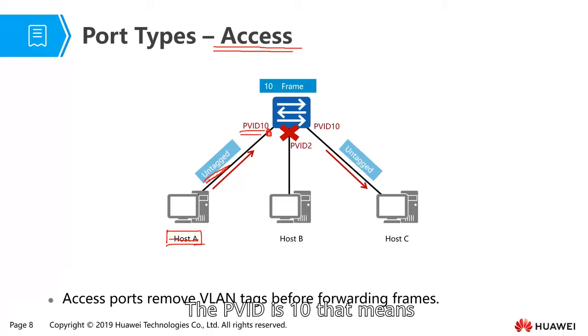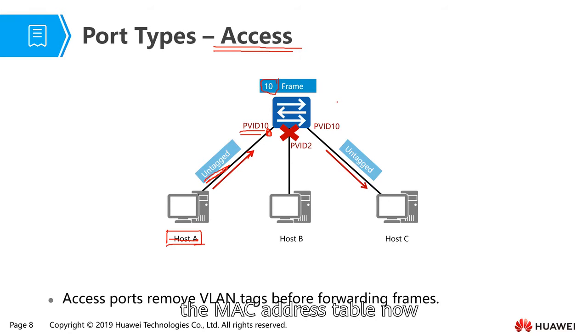The PVID is 10. That means this interface belongs to VLAN 10. Then when this untagged frame is received by the switch, the switch will tag this frame with VLAN 10, and then look up the MAC address table.